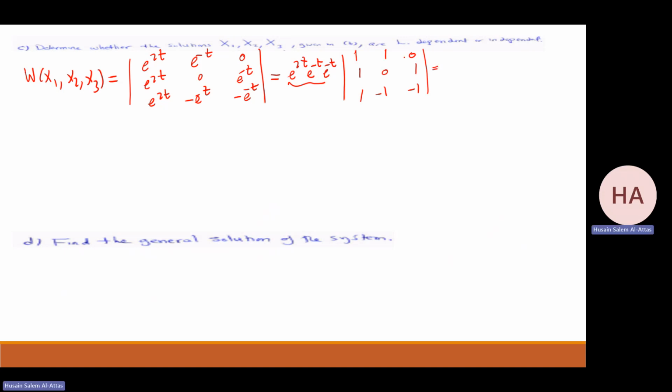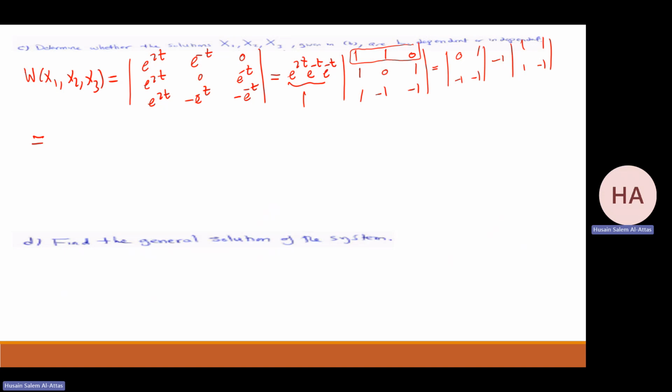Now I'll do the expansion. Let me say with the third row, with the first row. So I have 1 plus 1 times, cancel this with this, I have 0, 1, minus 1, minus 1. Minus 1. Cancel this with this, I have 1, 1, 1, minus 1. So that gives me what?